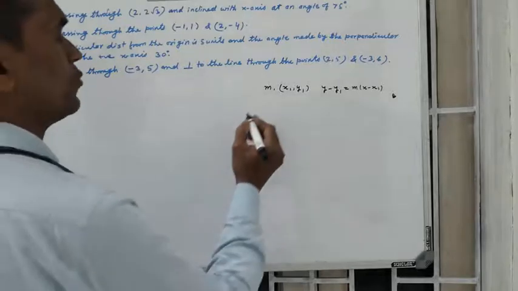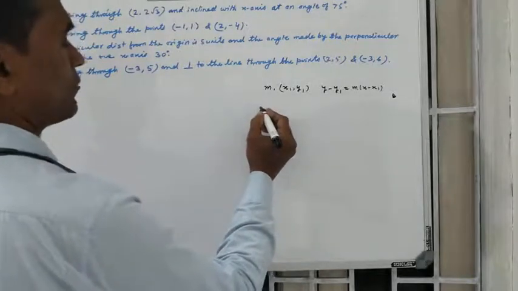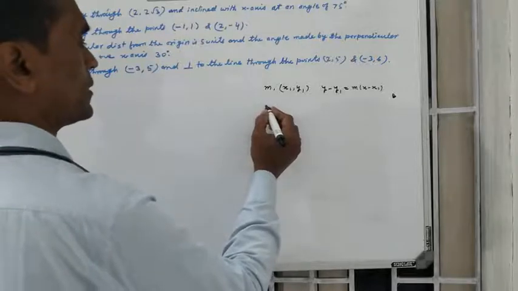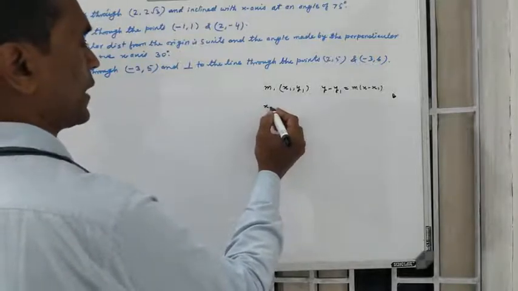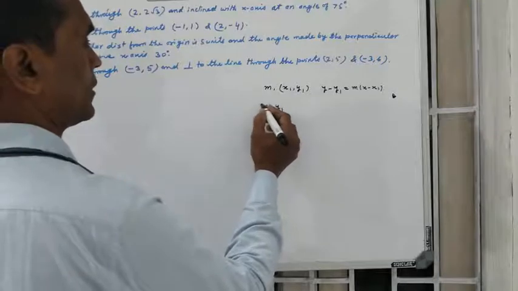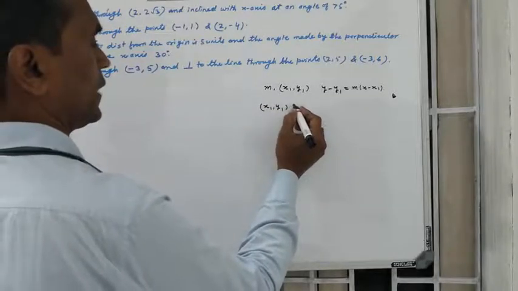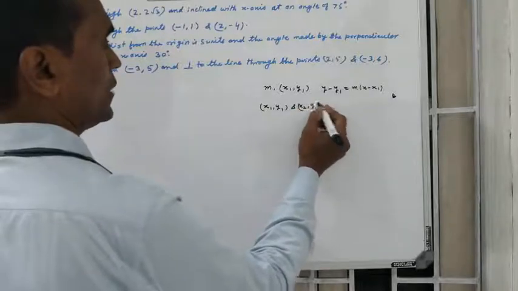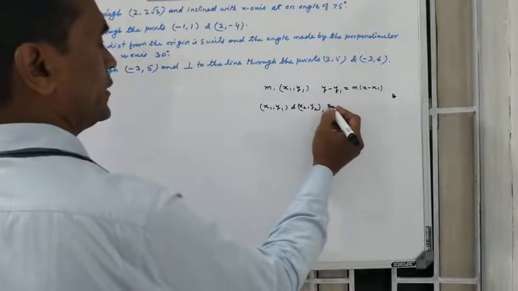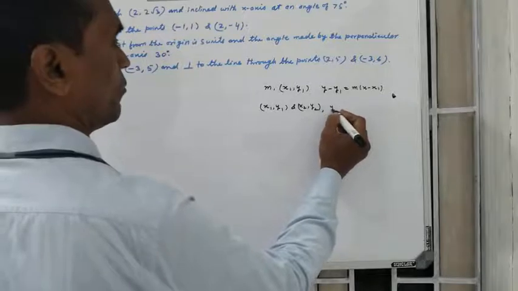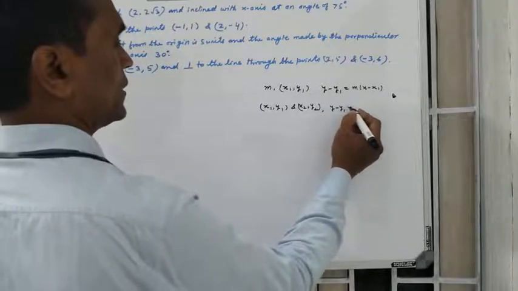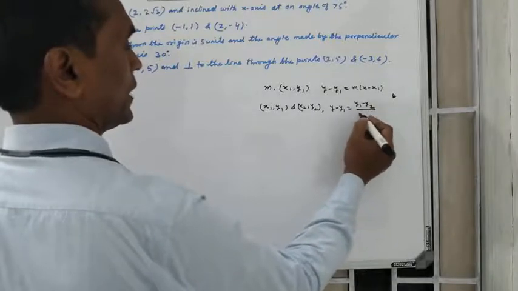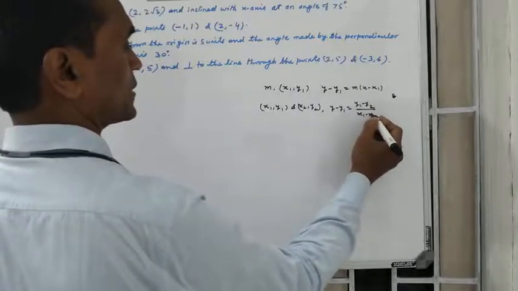Second form is 2-point form. We have to find the equation of a line in which 2 points are given. Suppose these 2 points are x1, y1 and x2, y2. Then equation in 2-point form will be y minus y1 is equal to y1 minus y2 divided by x1 minus x2.